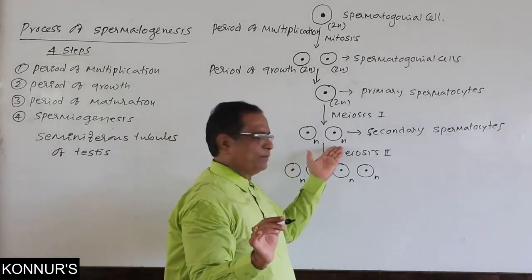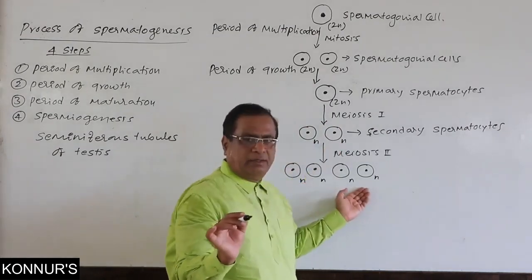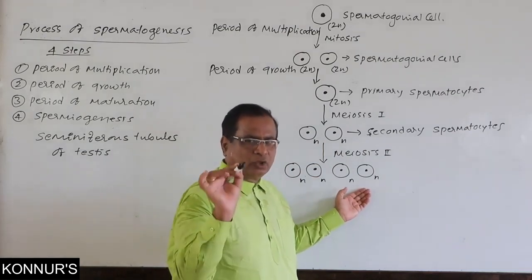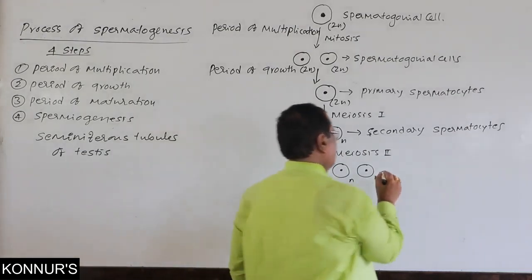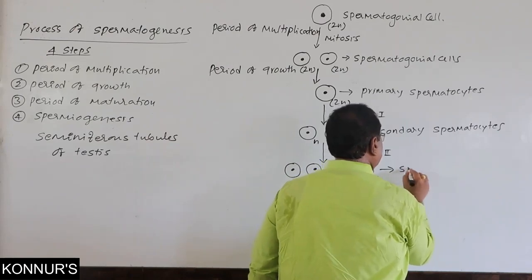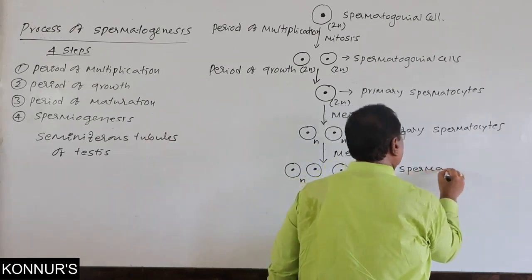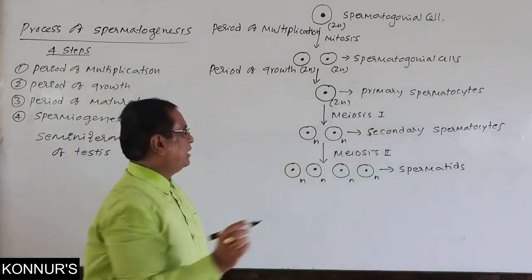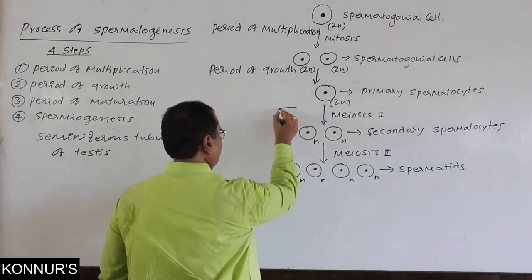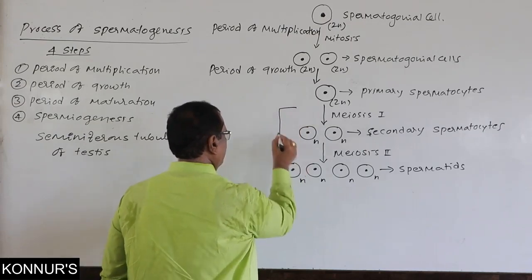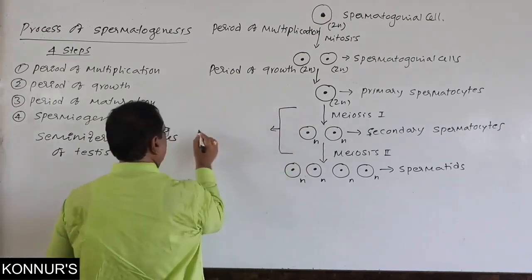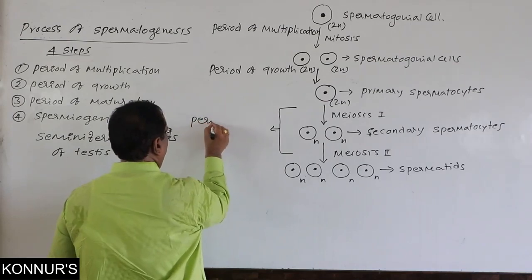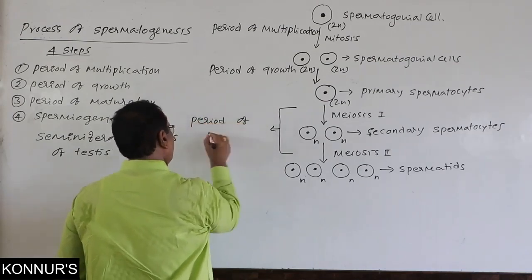And now these are named spermatids. And these two steps are named the period of maturation.